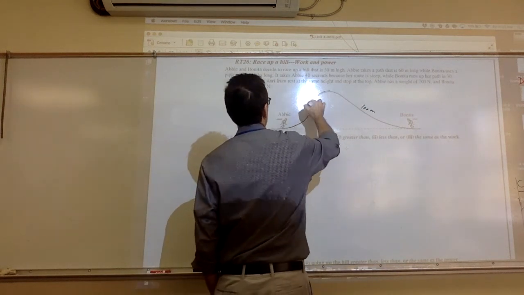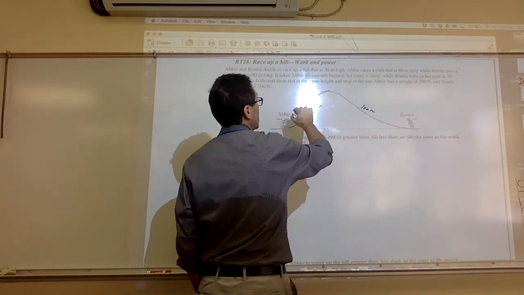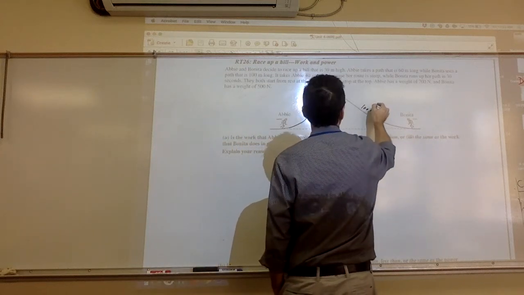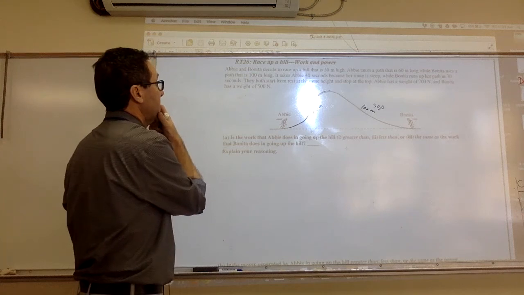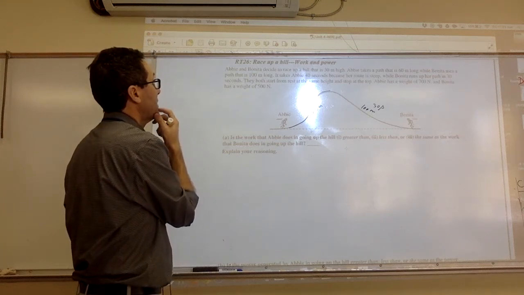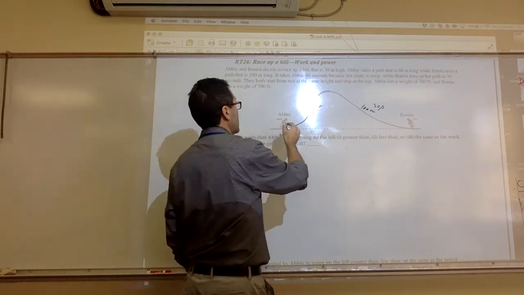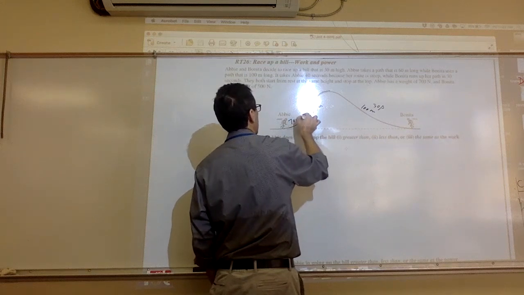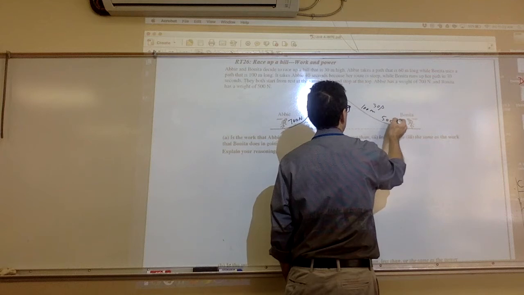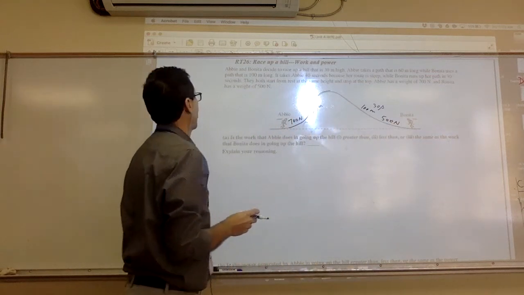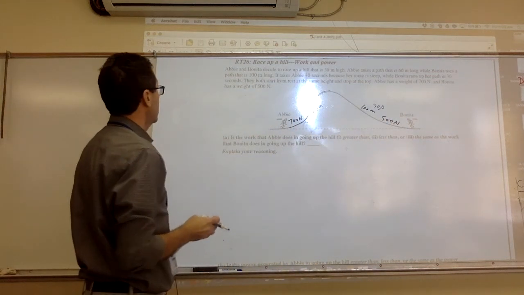Abby takes 40 seconds to accomplish this. Bonita takes 30 seconds. They both start from rest at the same height and stop at the top. Abby has a 70 kilogram mass. Bonita has a 50 kilogram mass. So that's their weight, so the weight is 700 and 500.